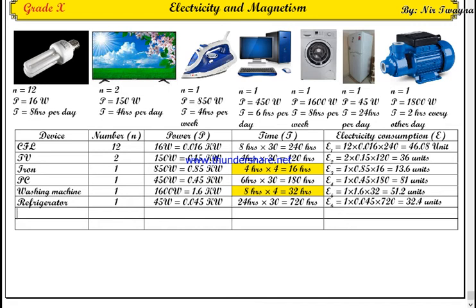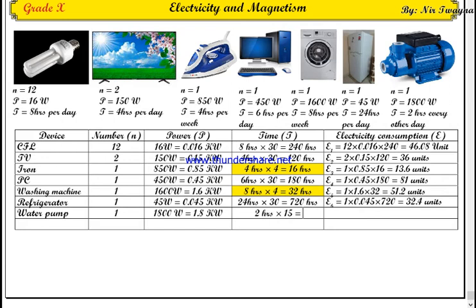Okay. One last device is remaining, water pump. Number 1, power 1800 watt, converted into SI, 1.8 kilowatt, time 2 hours every other day. Every other day means to find out total time in a month you have to multiply it by how much? 15.